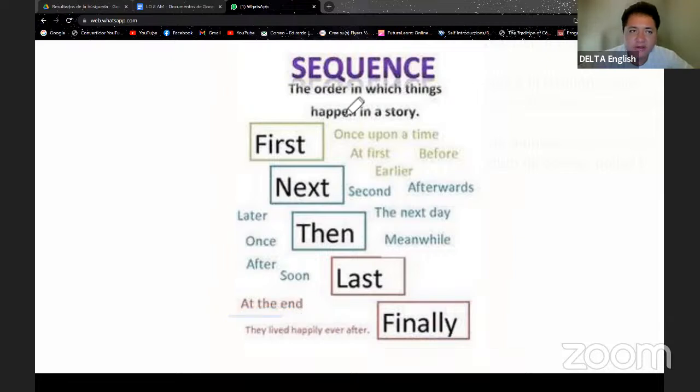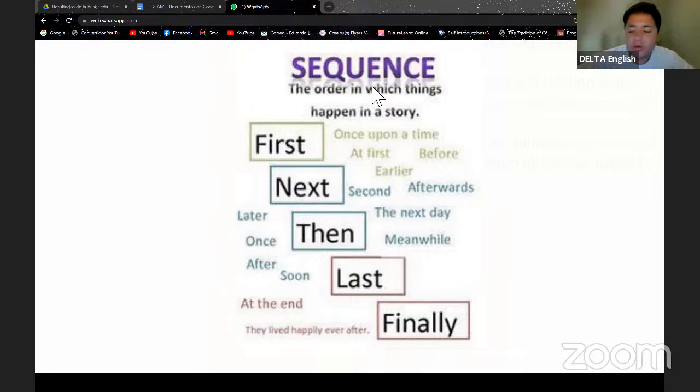You can say at the end. Do you have any questions about these sequence adverbs? Any questions?